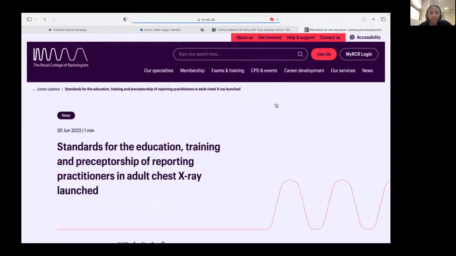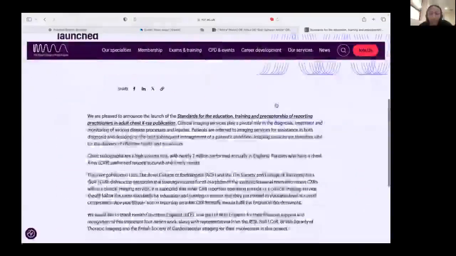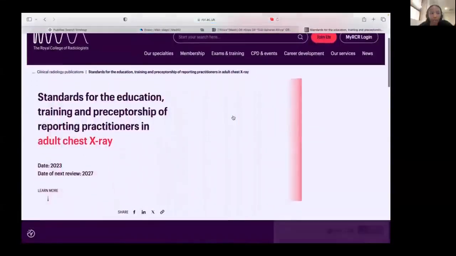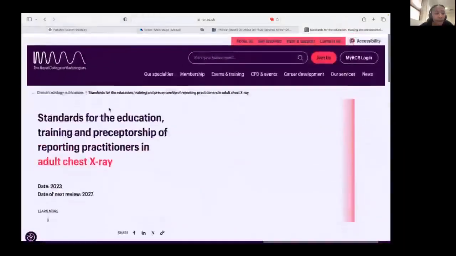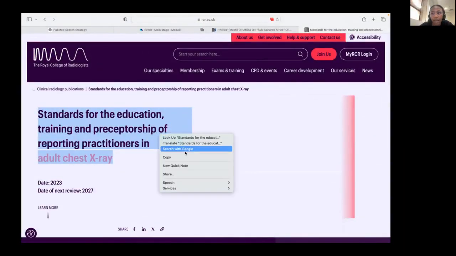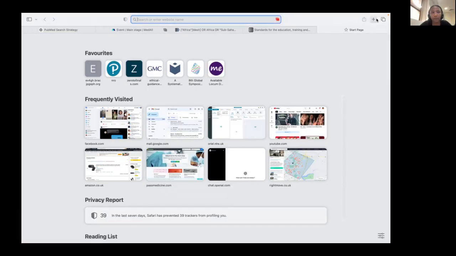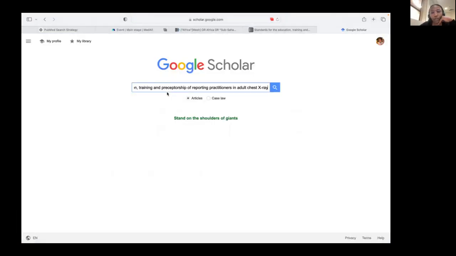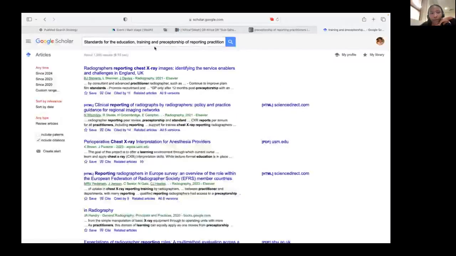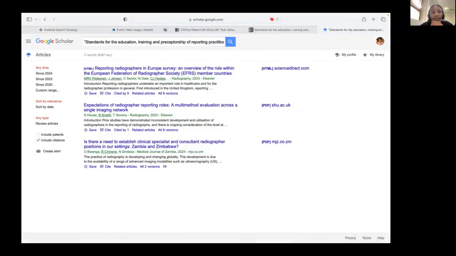So for example, this is a new standard that the RCR has published on, say, standards of education and training. One thing you could do is to differentiate grey literature searches: it would be very difficult for us to find this paper if we search on Google, for example, because this is considered grey literature.